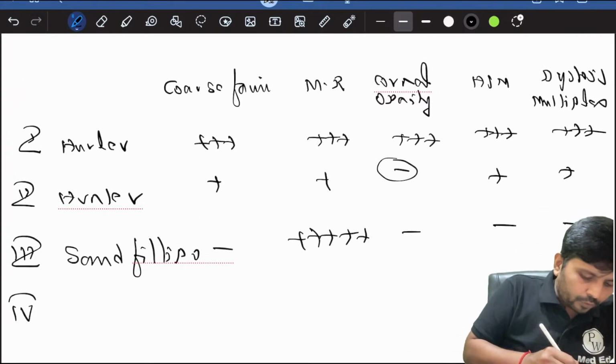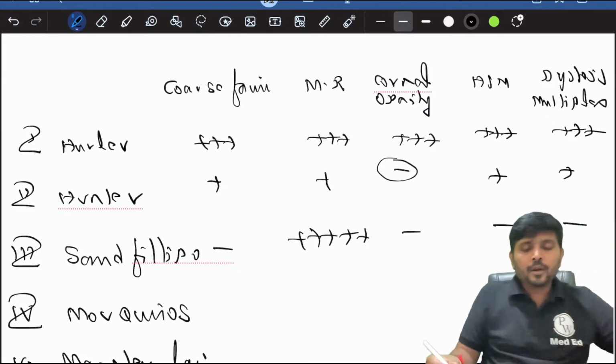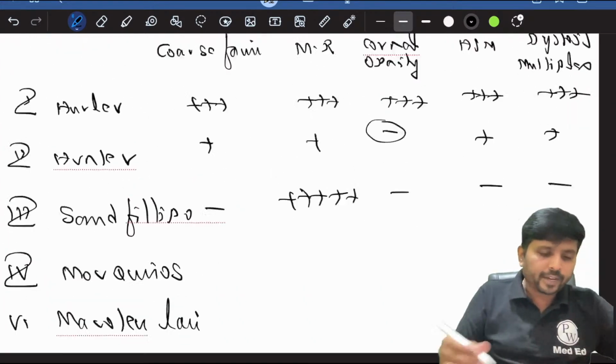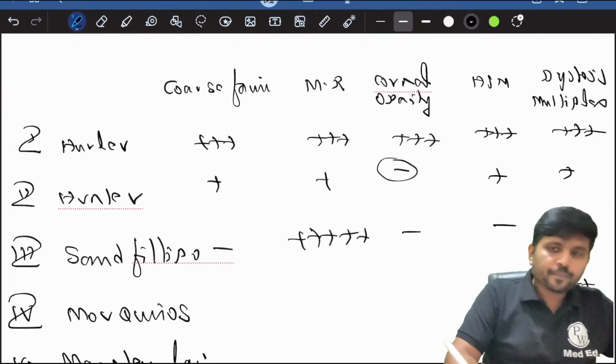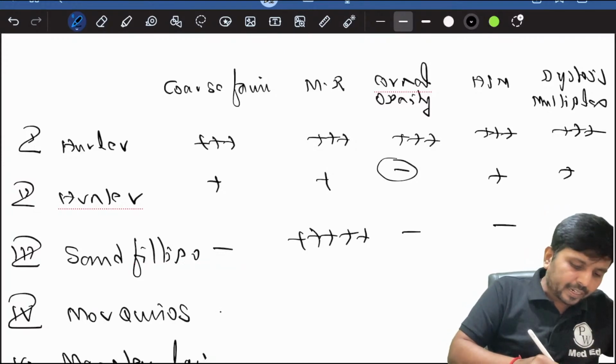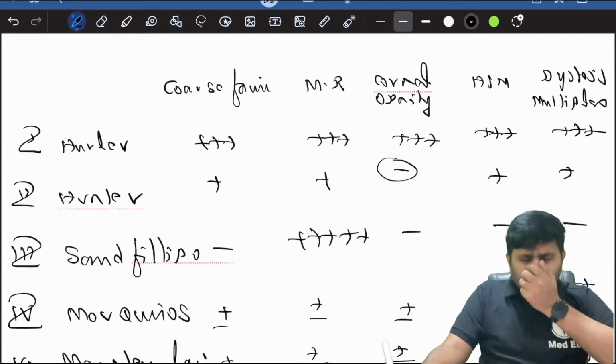And then 4 is Morquio, and 6 is Maroteaux-Lamy. Remember, both are characterized by severe spine abnormalities. Both are characterized by mild or no coarse facies, mild or no mental retardation, mild or no corneal opacity.